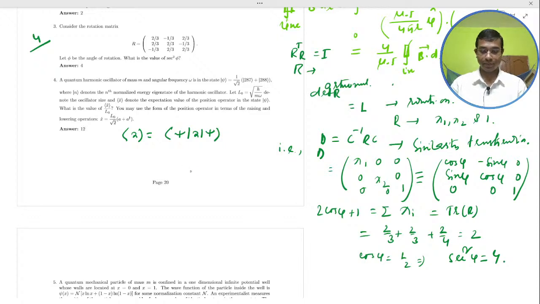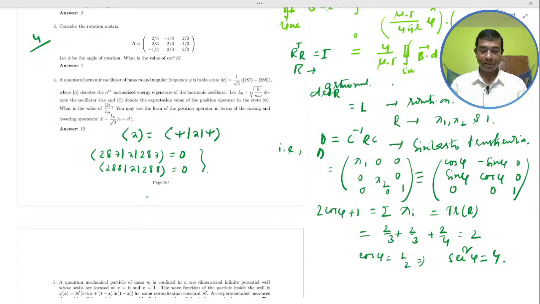Expectation value. You would get 0 for the expectation of 287 x 287. This is 0, and 288 x 288 would always be 0. You calculate it.